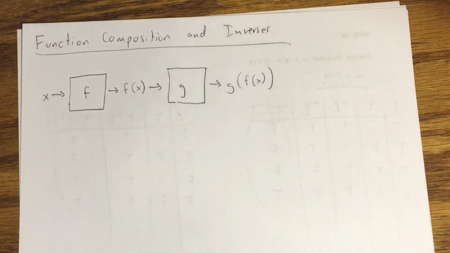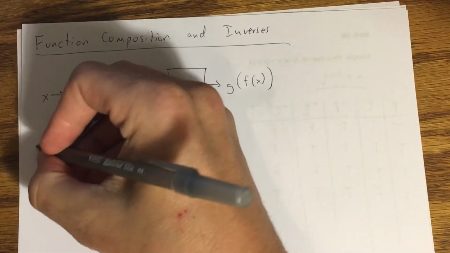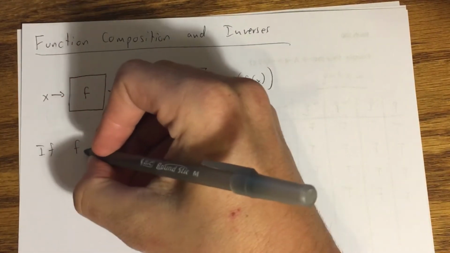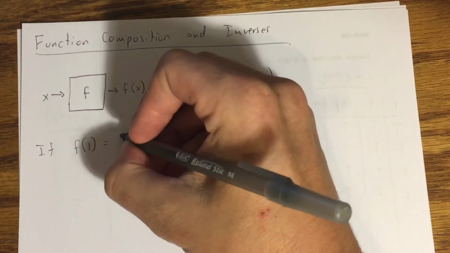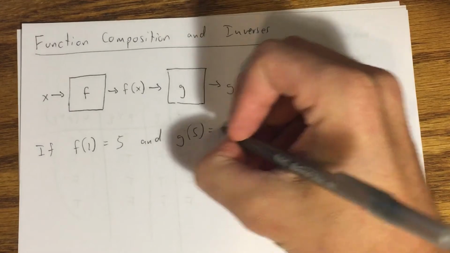Okay, so as an example, let's suppose that f of 1 is equal to 5 and g of 5 is equal to 9.